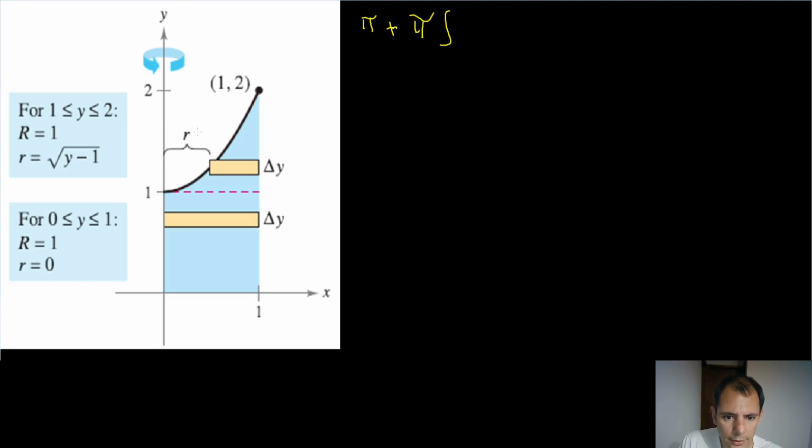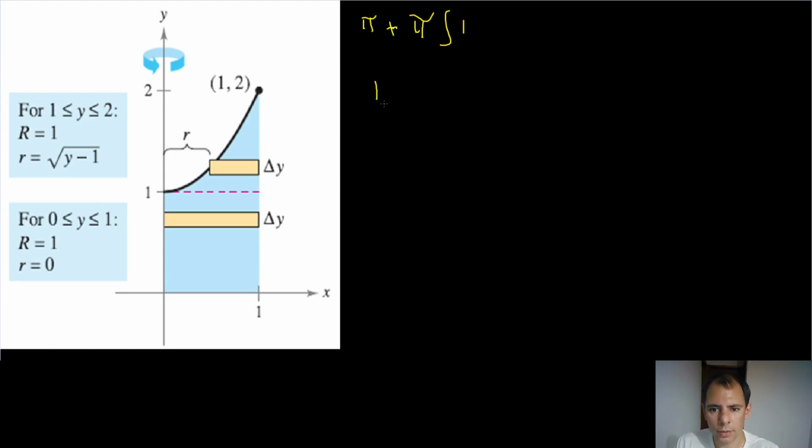So let's do that. Hold on. The big one is going to be R squared of x, which is 1, right? Minus this little r squared of x. Oh, as a matter of fact, it's y, right? Because I'm integrating with respect to y. So it's R squared of y minus little r squared of y.